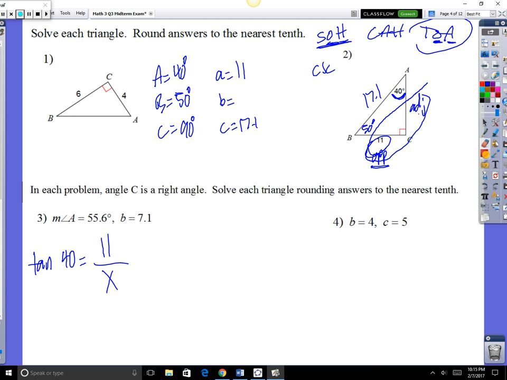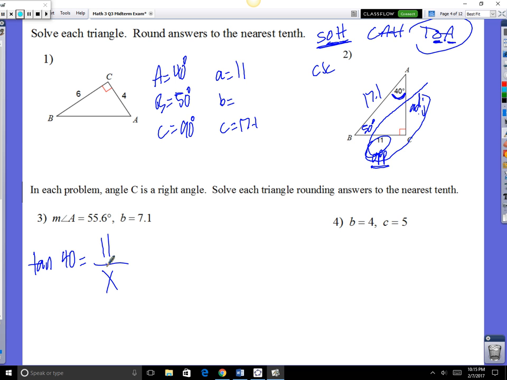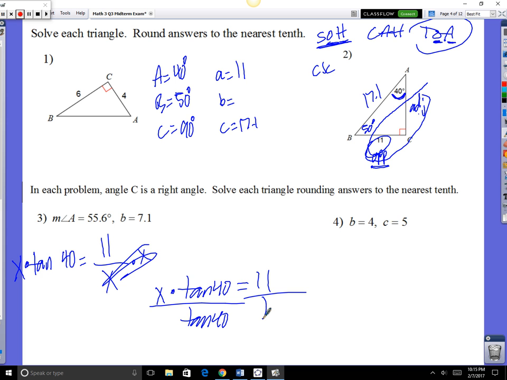So if x is on the bottom, get x out of the bottom, so undo the divide by x. Times this by x, and times this side by x. So times x divide x undoes, so you've got x times the tangent of 40 equals 11. Now undo the times tangent, so I'm going to divide by tangent of 40, and divide this side by tangent of 40 degrees.